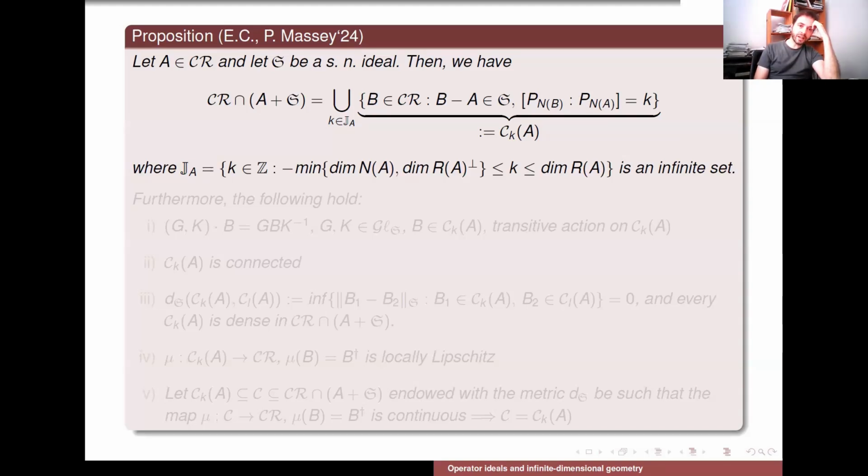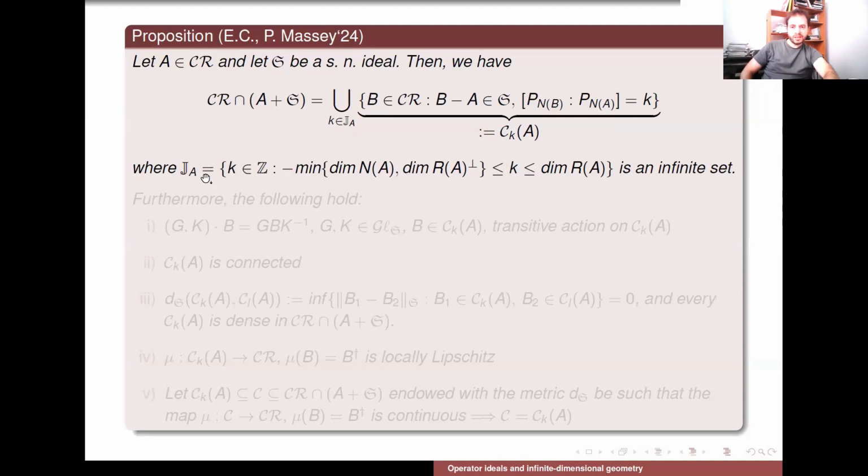So we can use that index to give a decomposition of our set of perturbations. We will call each of these sets Ck of A. The K comes from the index. And it can be shown that the union here is taken with respect to some set, JA.